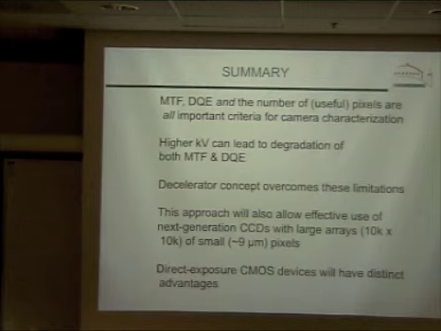And in fact, the signal level goes up as you apply the deceleration voltage, because so much of the energy is going through into the substrate. So the signal level goes up as you decrease the net voltage. So the backscattering is not an issue with the decelerator.